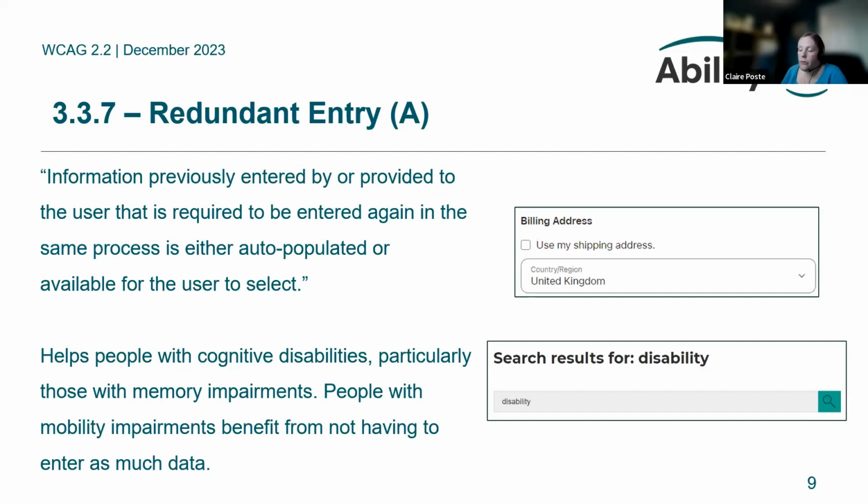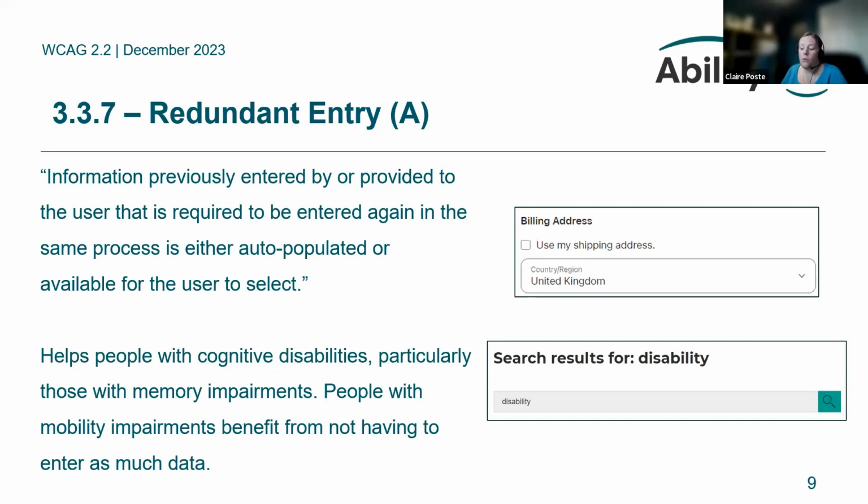And as with a lot of the other criteria, there are exemptions. So when putting stuff in again is essential. For example, a memory game, obviously it wouldn't be very effective as a memory game if it gave you the answers as you were going along, where the information is required to ensure the security of the content.